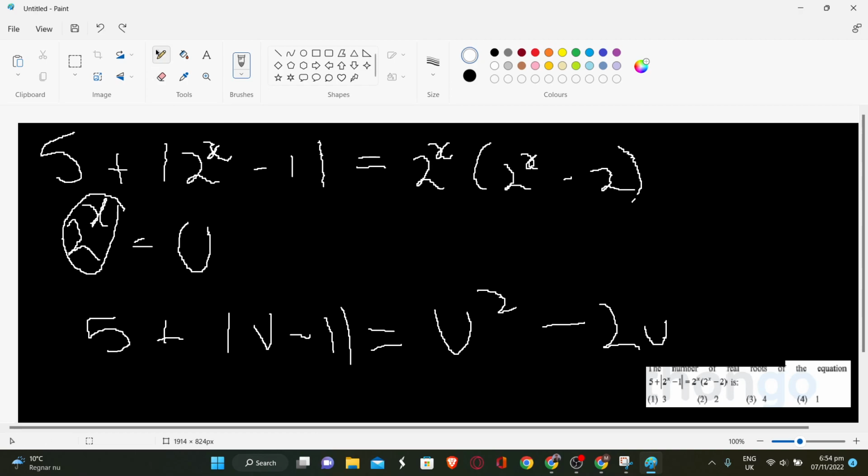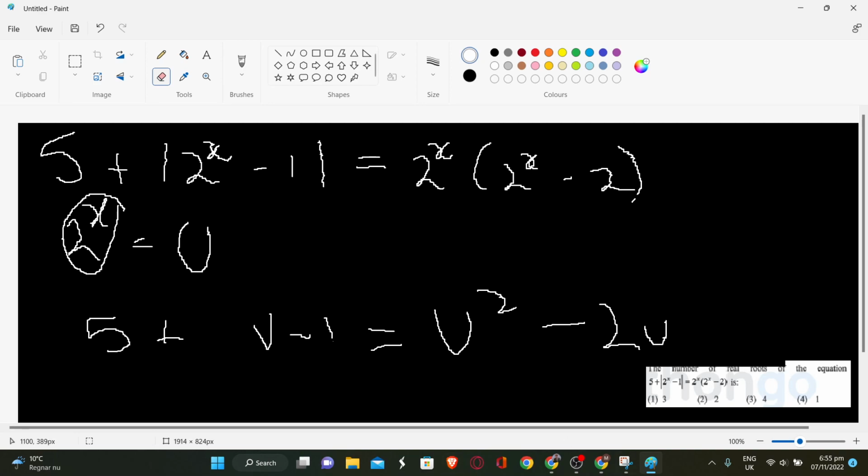Instead, we get rid of the absolute value sign. Anyway, now you know what to do here.